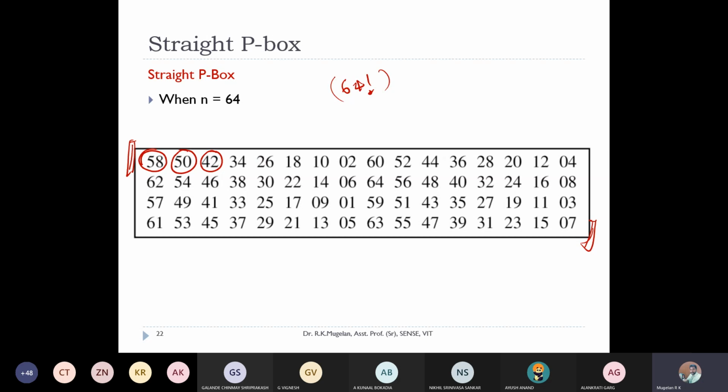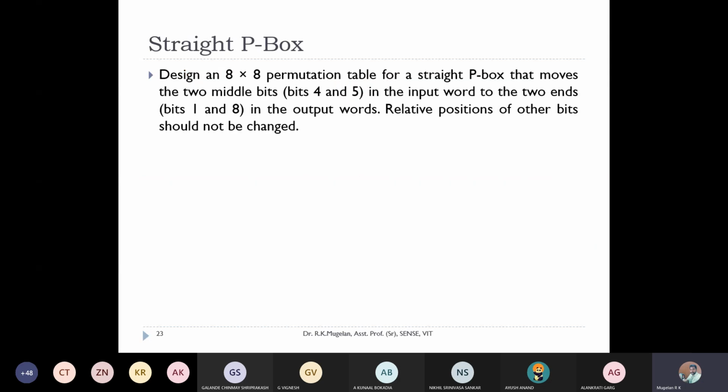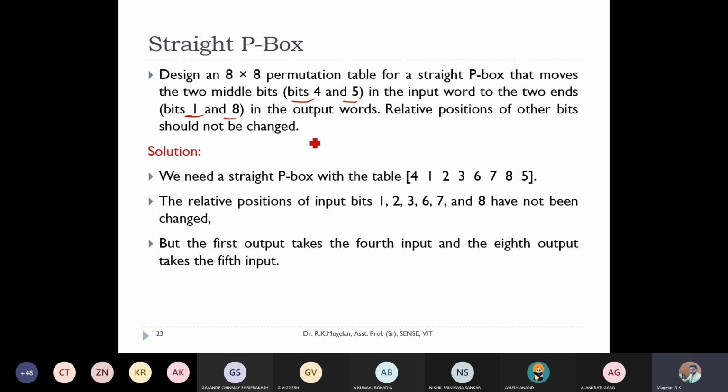This is one of the combinations of the straight P-box. Sometimes they ask you to design an 8x8 permutation table for a straight P-box that moves the two middle bits, 4 and 5 in the input, to the two ends, 1 and 8, and the positions of the other bits should not be changed. So your straight P-box will look like 4, 1, 2, 3, 6, 7, 8 and 5, because the two middle bits, 4 and 5, should be moved to the ends, positions 1 and 8.